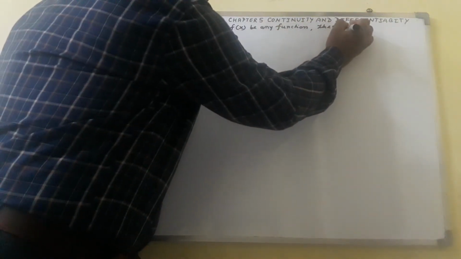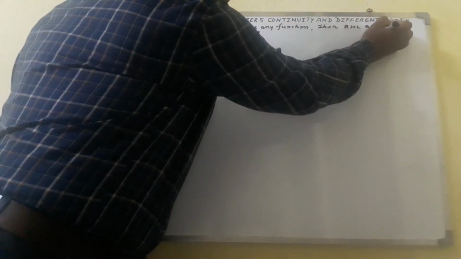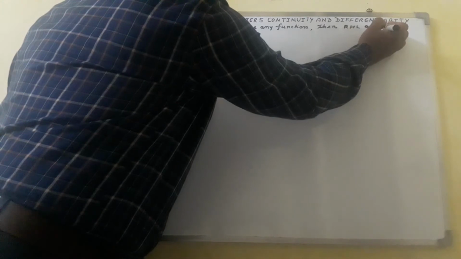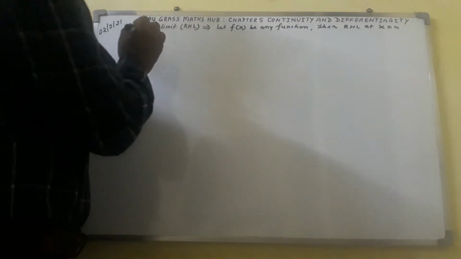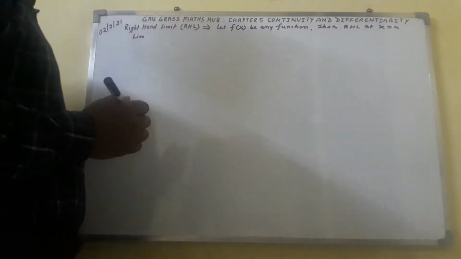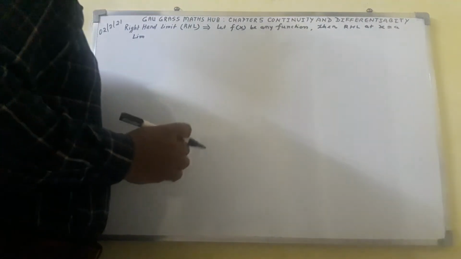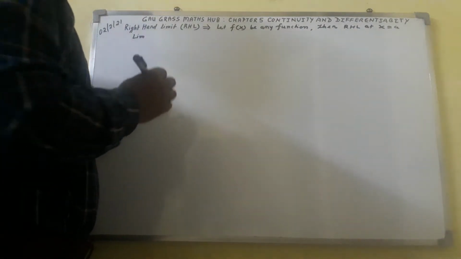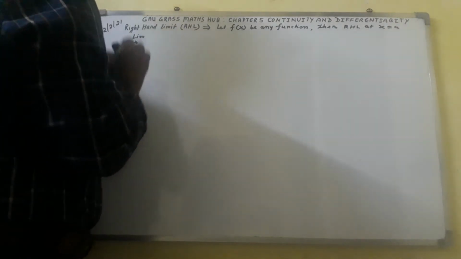Then the right hand limit at x equal to a will be, here I shall write lim. x equal to a is there, so in place of x equal to a, I shall write lim x tends a.